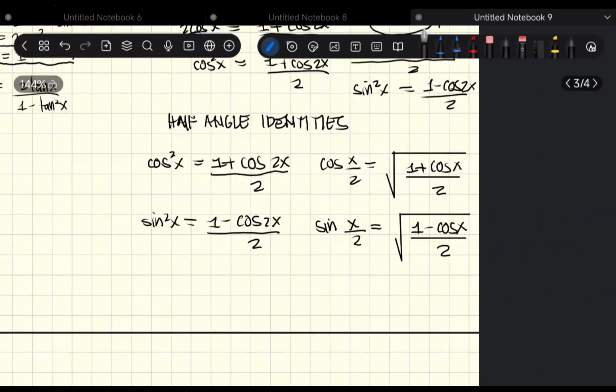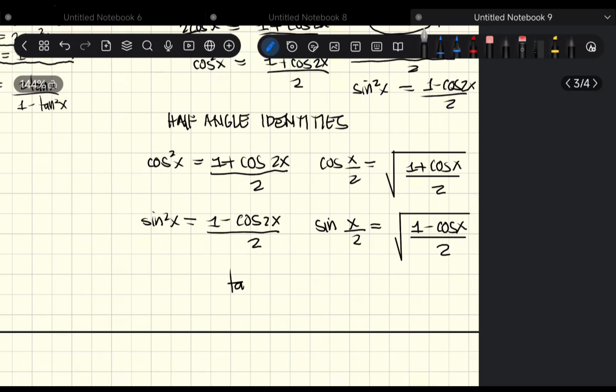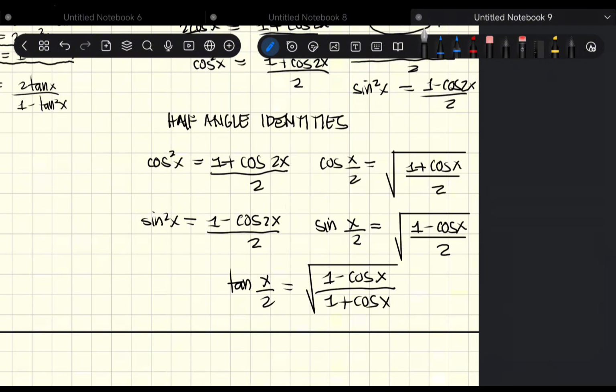For tangent, tan x all over 2, we get square root of 1 minus cosine x all over 1 plus cosine x, since tan x all over 2 is equal to sine x all over 2 all over cosine x all over 2. So that is why.